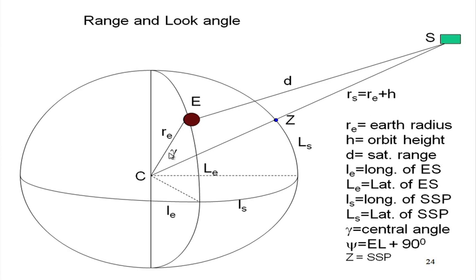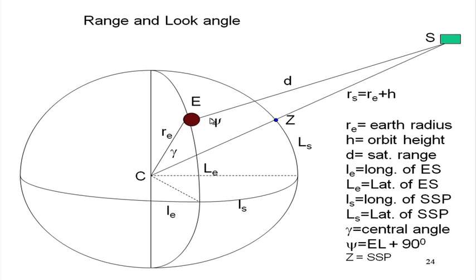One of the angles is gamma, let us define, which is called central angle, which is E C to S, that is at the center of the earth, the angle created by this triangle. Then we have angle psi, which is C to E, that radius, to E to S, this line.